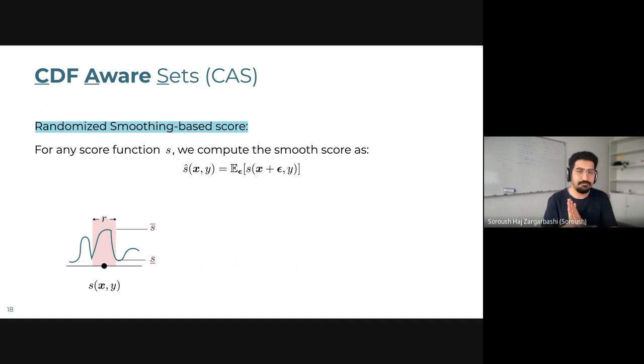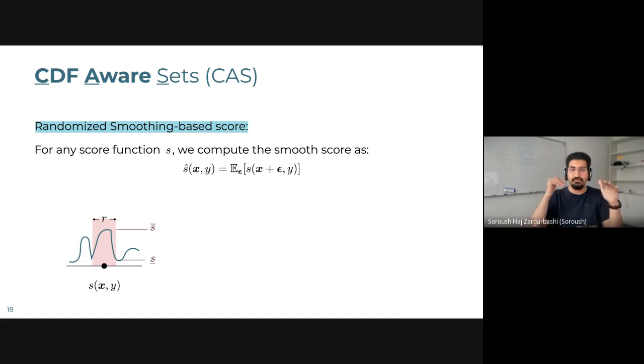And second, since my machine learning models are often complex, it could be that inside their score function, if you look at the score function around my point, there are too many jumps and changes. So even if I want to find any kind of lower or upper bound, I might end up with really large intervals that could be useless at the end.